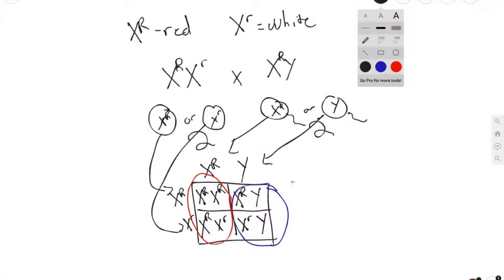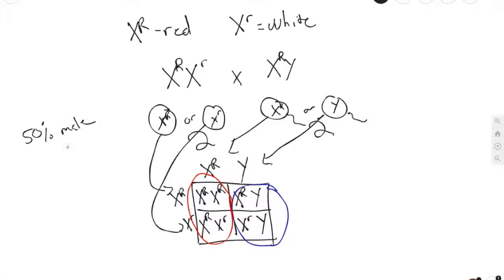All right, so let's look at what we got. If we just look at male to female, we see the same 50-50 ratio. So we get 50% male and 50% female. Awesome. But now let's look at the eye color. Both of the girls, so XX, have red eyes. So the females all have red eyes.